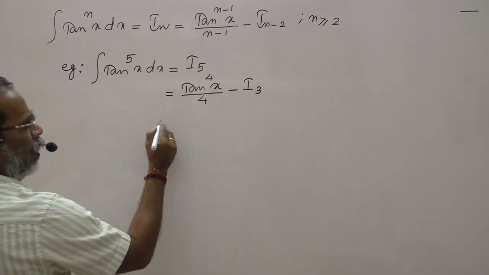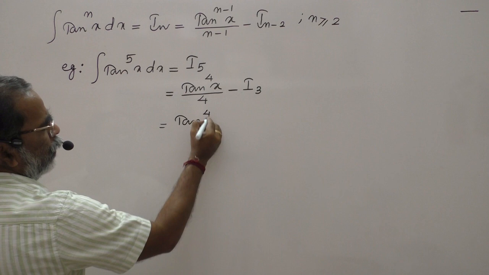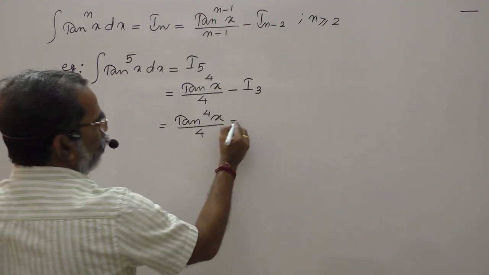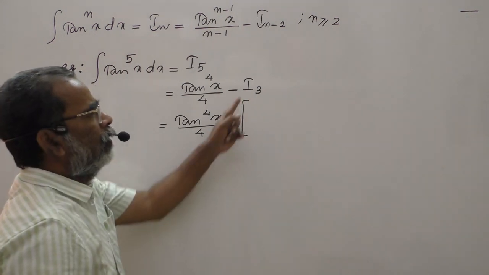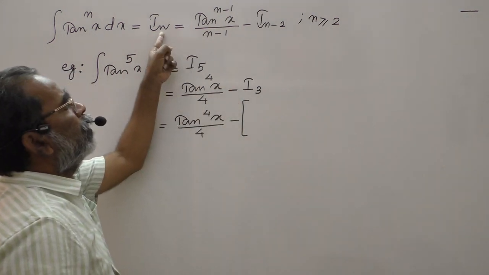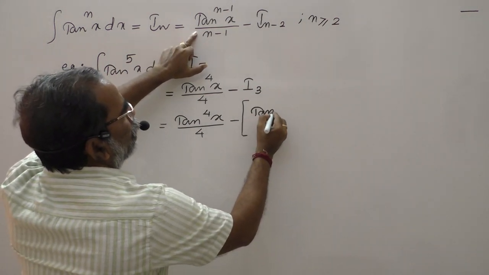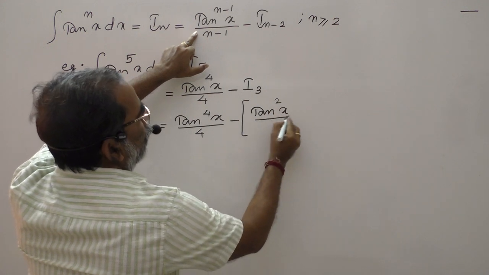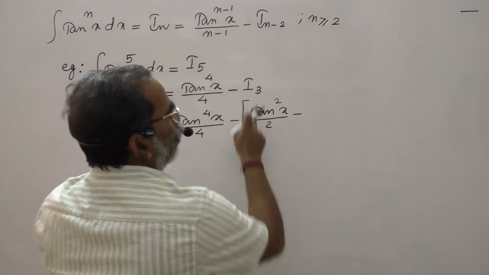Again here you should apply this reduction. What is this? Tan power 4 x divided by 4 minus, minus is there, I shall take a bracket. What is I 3? n equal to 3. Put n equal to 3 in this. Then n minus 1 is 2, divided by n minus 1 is 2, minus of I n minus 2.